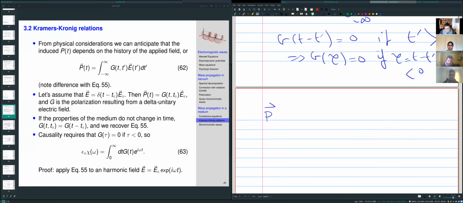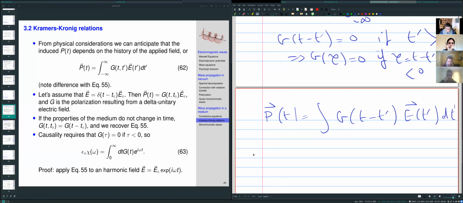P of t is the integral of G of t minus t prime times E of t prime. And then I have a tip here, which is using a harmonic field.